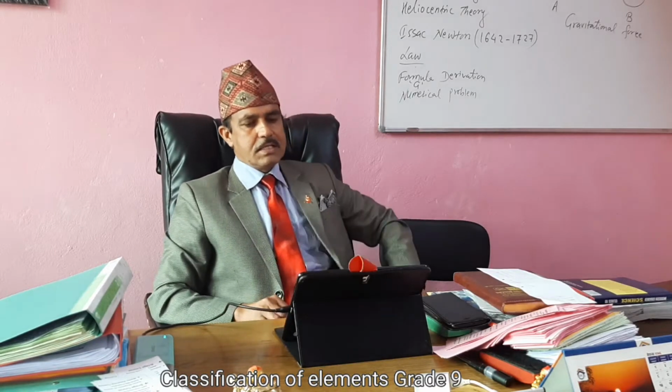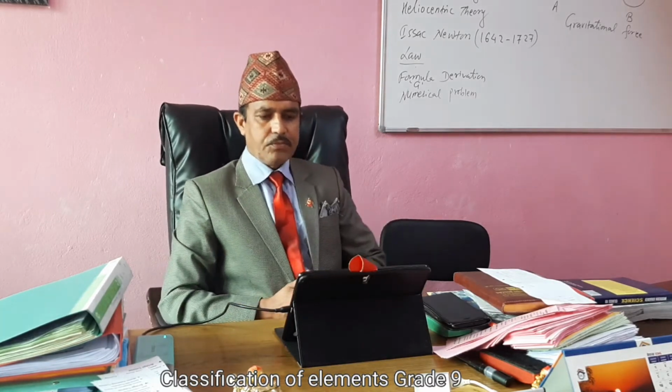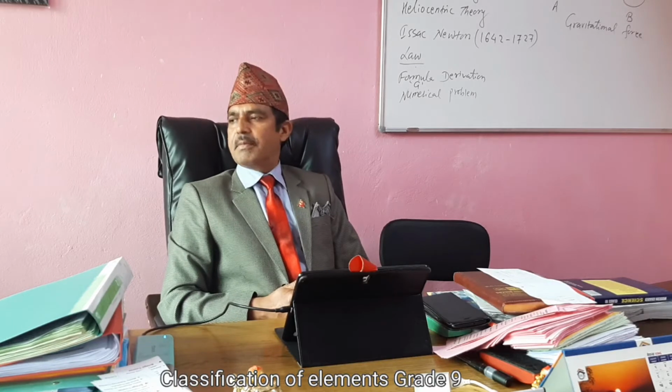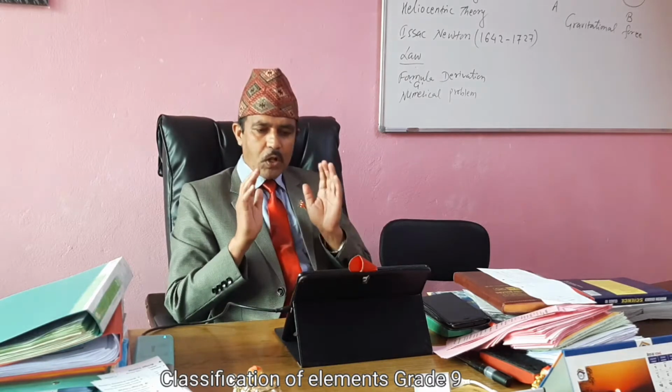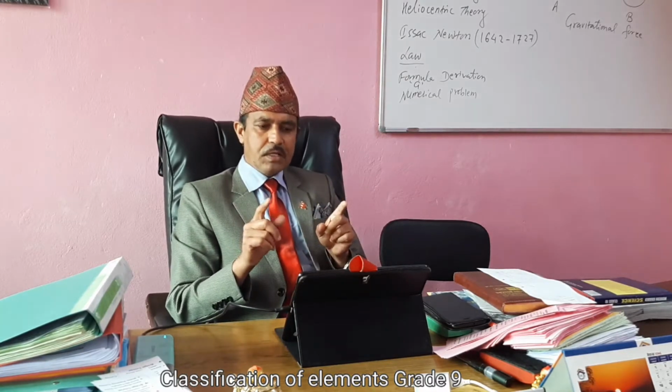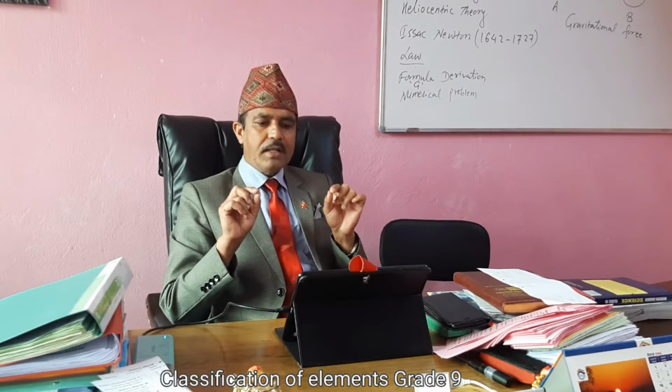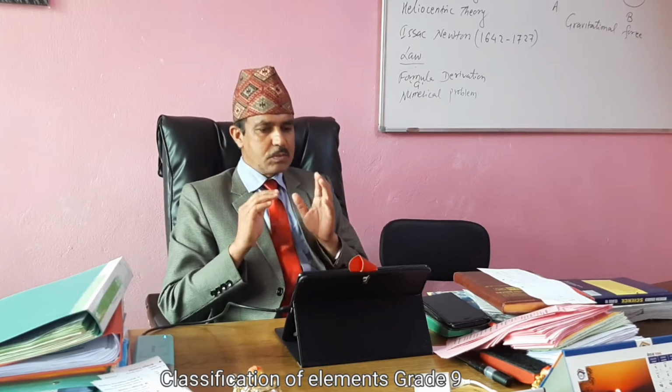Non-metal is a bad conductor of heat and electricity, and metalloid is a semiconductor of heat and electricity. So all the atoms are made up of only one type of smaller particles, and those smaller particles are atoms.